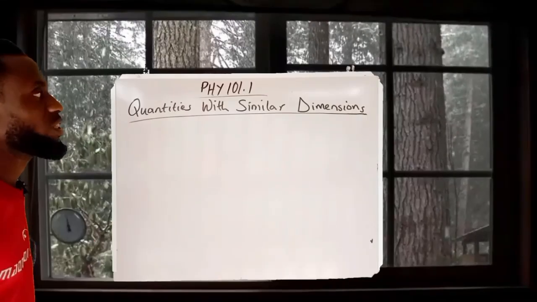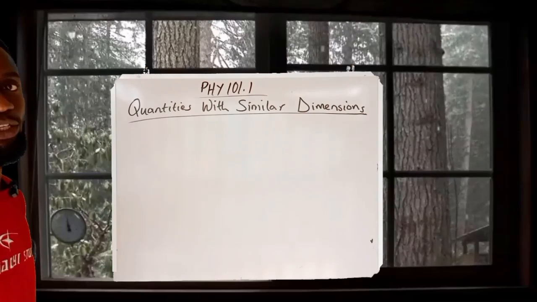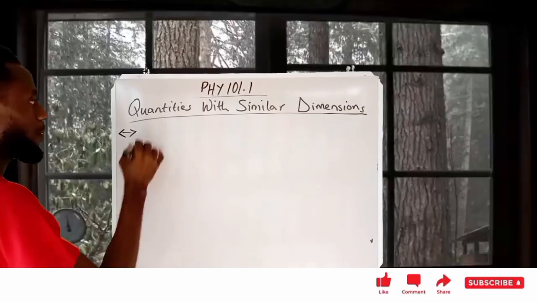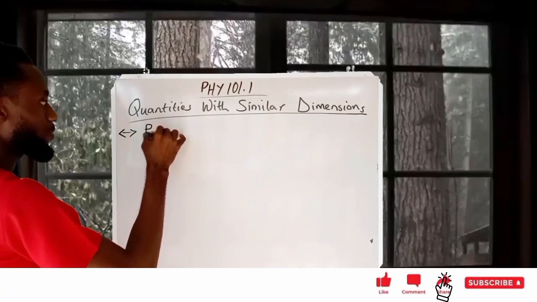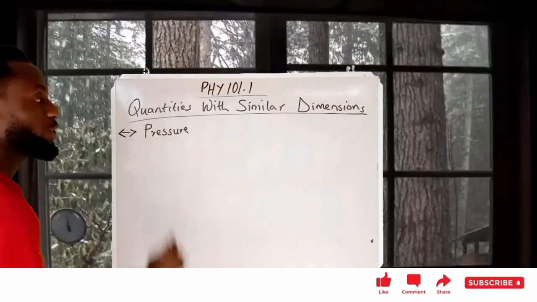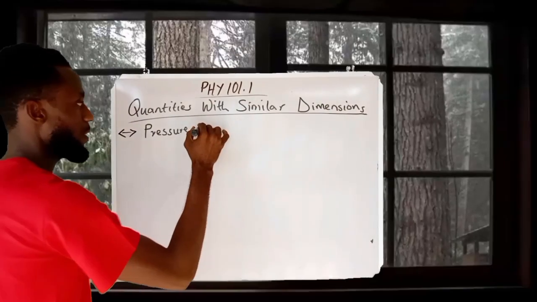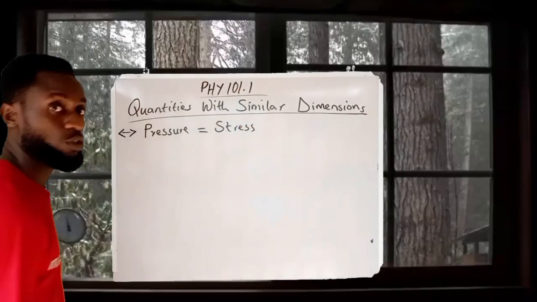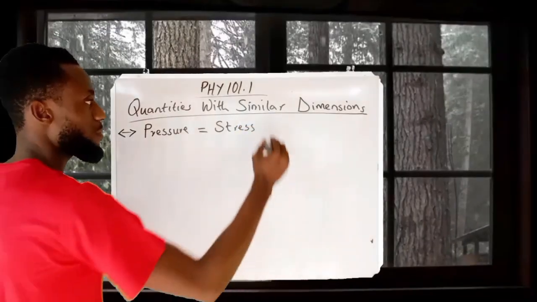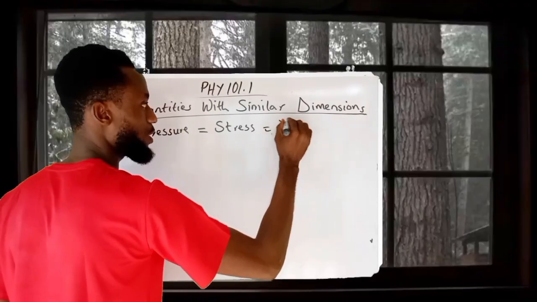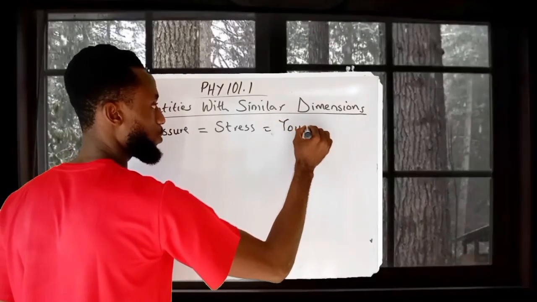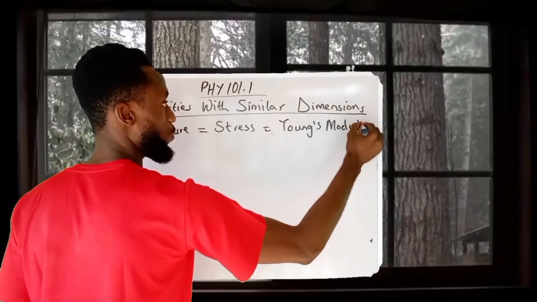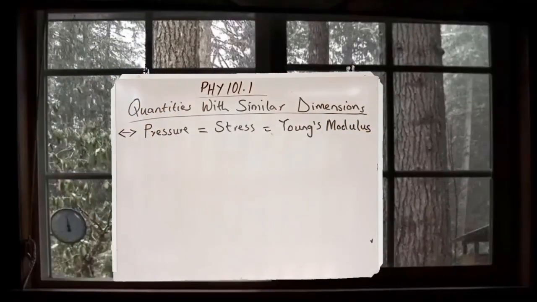Let's look at some quantities that share similar units. One of such is pressure, which we know is force over area. It is the same as stress, which is also force over area. Dimensionally, it is also the same as Young's modulus, which is also force over area.